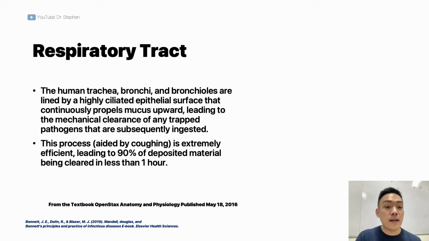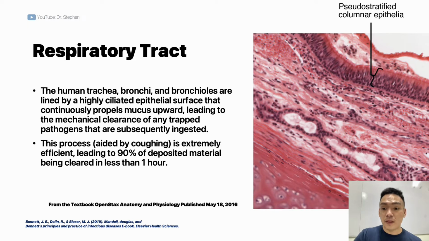The human trachea, bronchi, and bronchioles are lined by a highly ciliated epithelial surface that continuously propels mucus upward, leading to the mechanical clearance of any trapped pathogens that are subsequently ingested. And this process, called coughing, is extremely efficient, leading to 90% of deposited material being cleared in less than an hour.